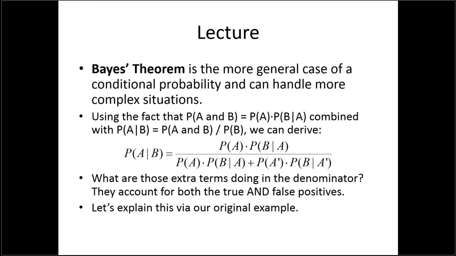Combining all of these ideas, the probability of A given B is equal to the probability of A times the probability of B given A, divided by the probability of A times the probability of B given A, plus the probability of A not occurring times the probability of B given A not occurring. So what we're doing here is accounting for both true and false positives in the denominator. That's where that extra stuff comes from.